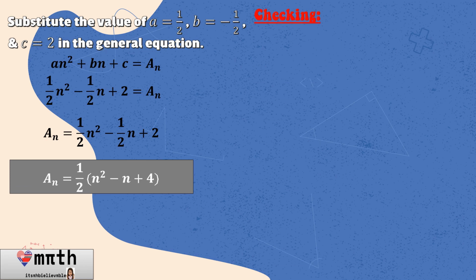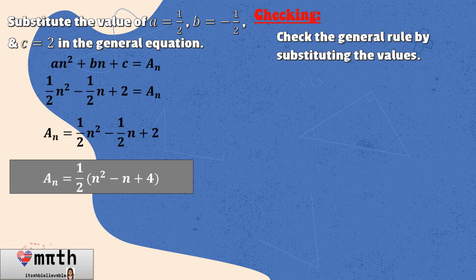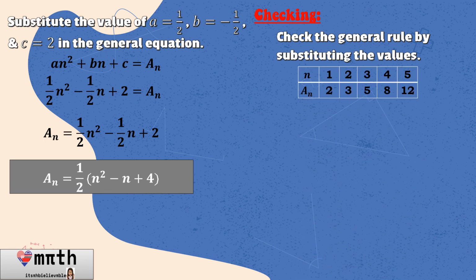Now let us try to check whether the given general rule or nth term is valid or correct. As you remember, these are the table of n values and A sub n values a while ago.